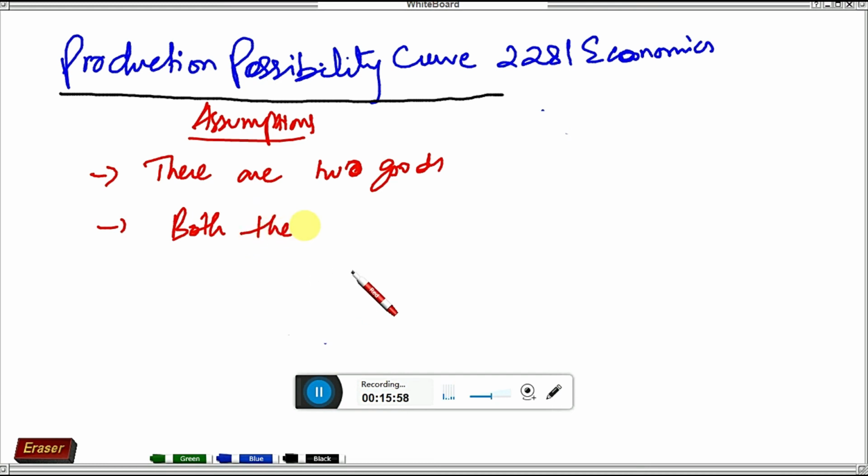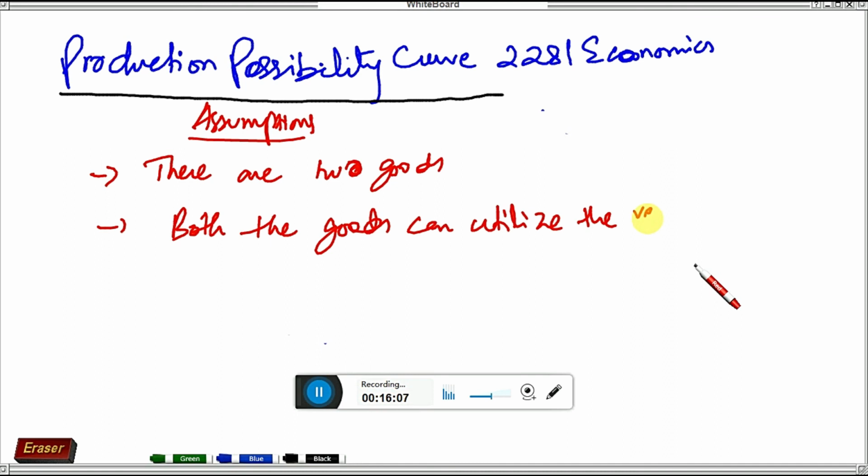Both the goods can utilize the resources effectively. What do I mean by this? It means that those resources which are good in producing consumer goods can easily produce the capital goods. It's not mandatory in practical terms.